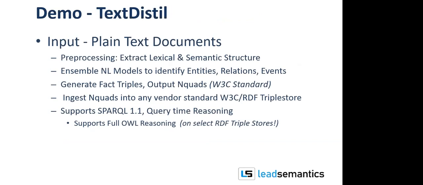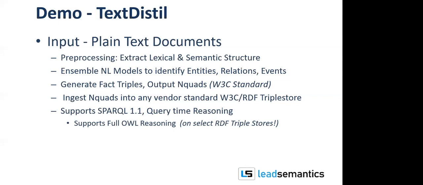But today the focus would be extracting knowledge and see how it fits into Fluree and the ledger aspect of it. In the demo, following a few slides here, we would input some plain text documents, pre-process them, extract the lexical and semantic structure, use them to feed into neural classifiers, and then extract entities, relations, and events, and so on.